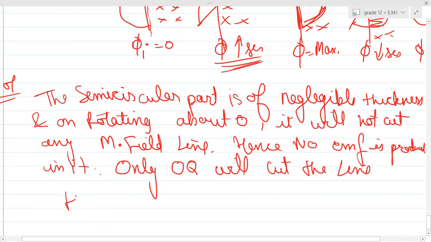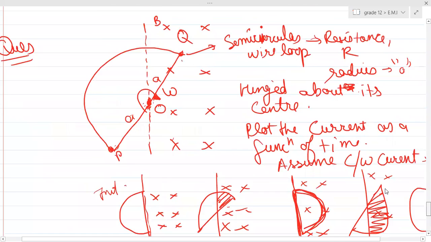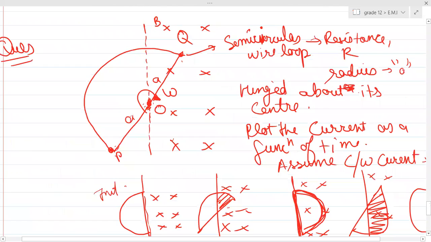Hence, the EMF across OQ will be equal to, what will be the EMF across OQ? Half B omega R square, right? Because the length of OQ is nothing but R. And which will be bigger, Q or O?